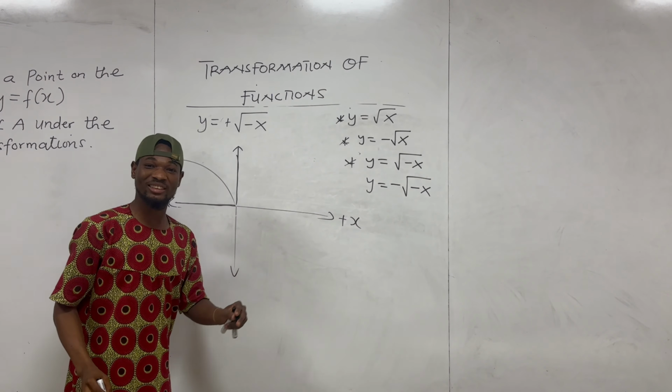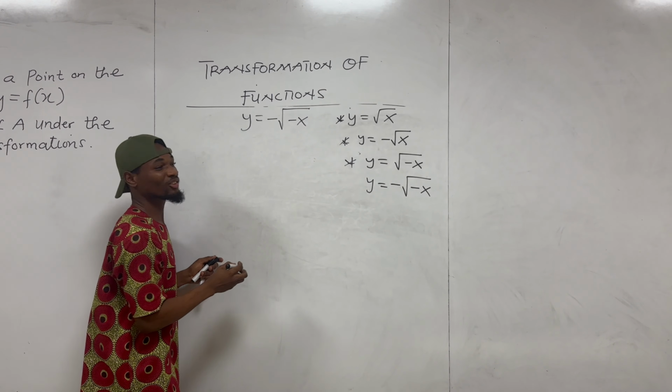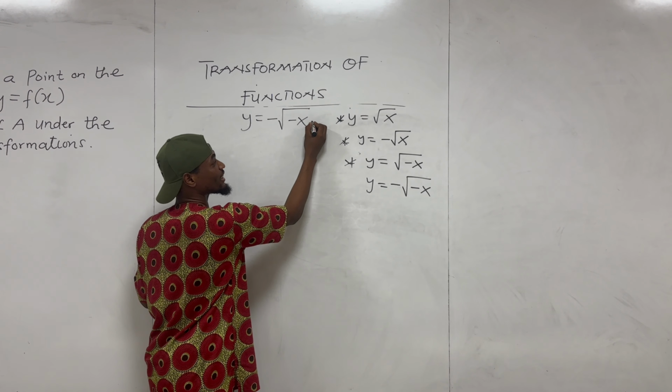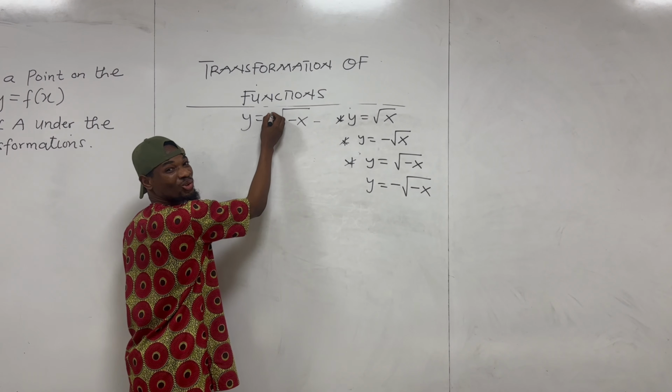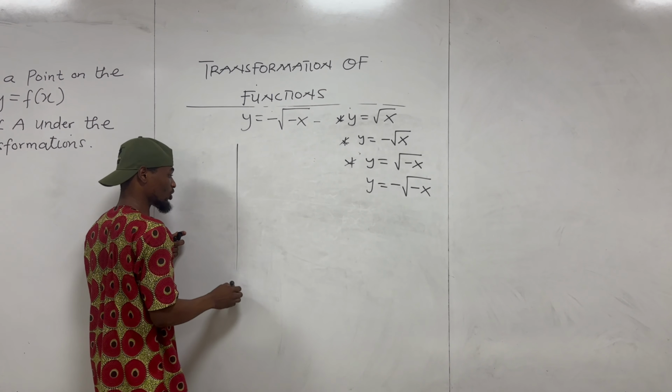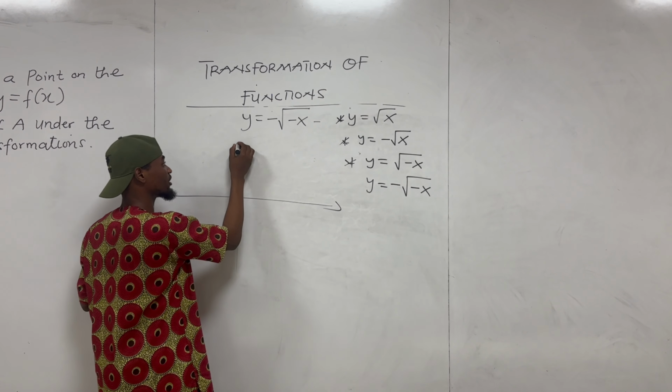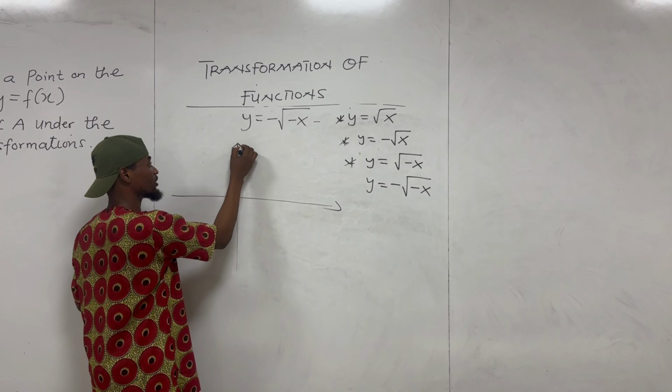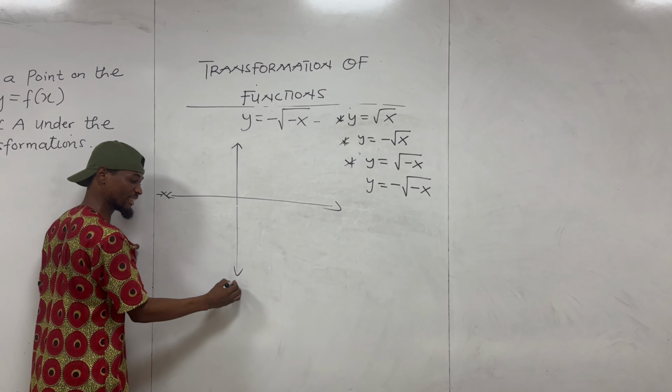Let's consider the last one. Given that y equals negative square root of negative x. This time around, my x axis is negative and my y axis is negative. So I'll consult my xy plane this way. My negative x axis is here, and this is negative y.